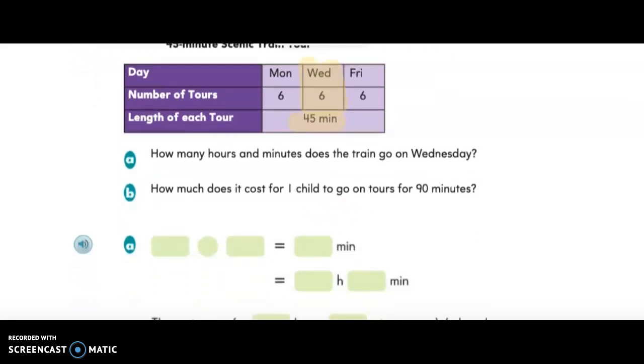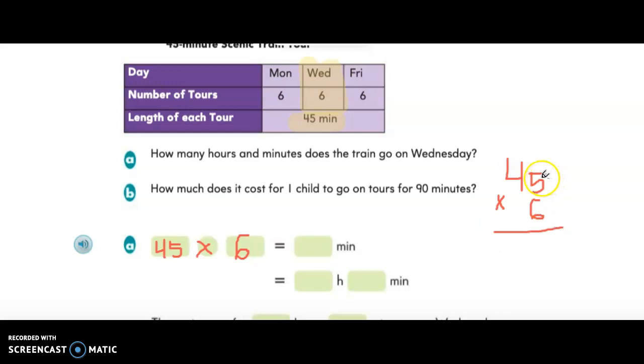So to start, we need to take our 45 minutes and multiply it by how many tours. So there are 6 tours. So we will do this off to the side here and refresh our multiplication.